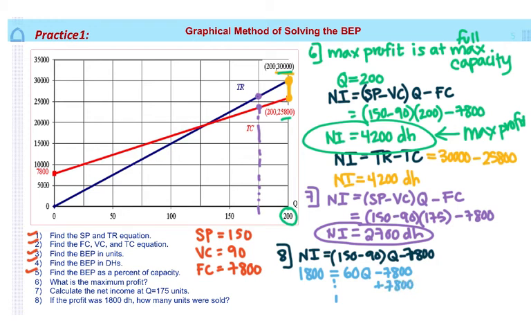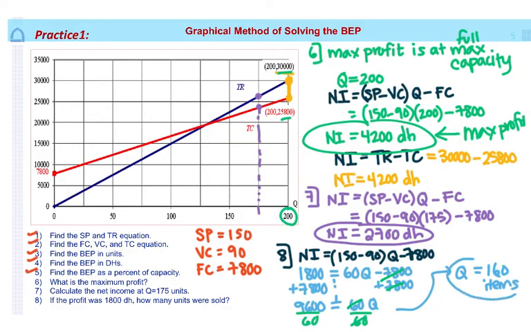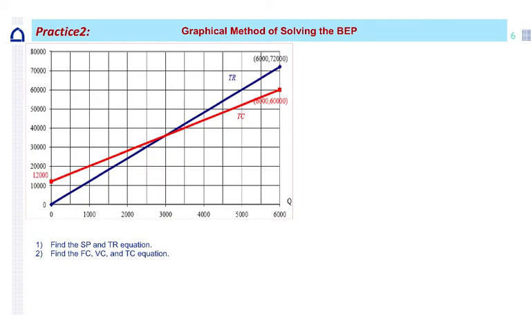We put the 7,800 on this side. We end up getting that 60Q equals 9,600. Then we'll divide both sides by 60 and find out that the quantity would be 160 items. So if we want to make a profit of 1,800, then we should sell 160 items.